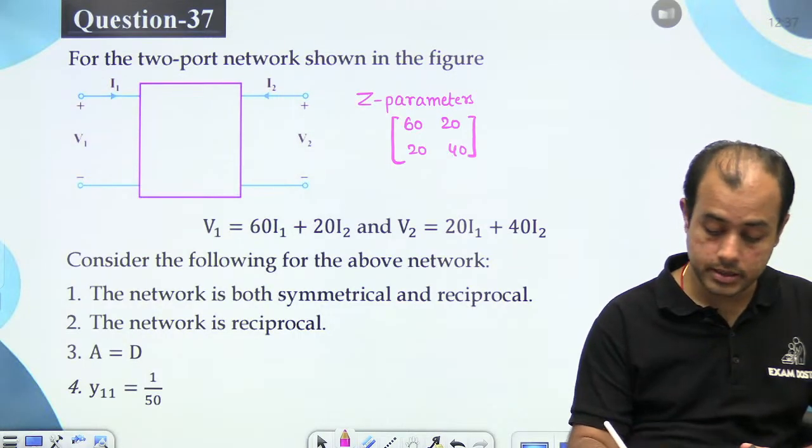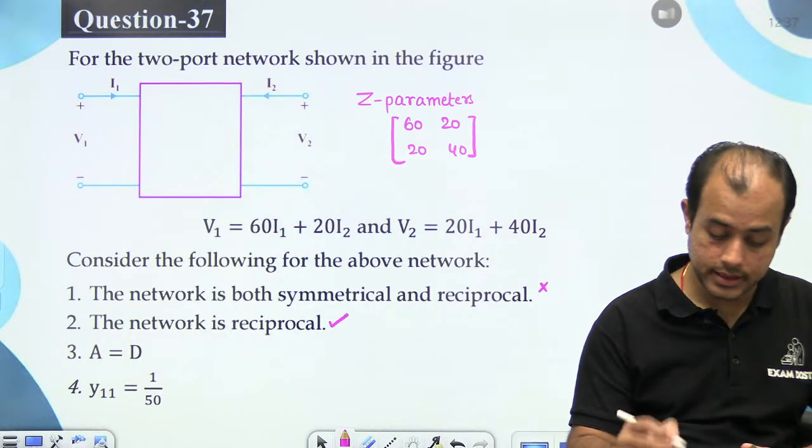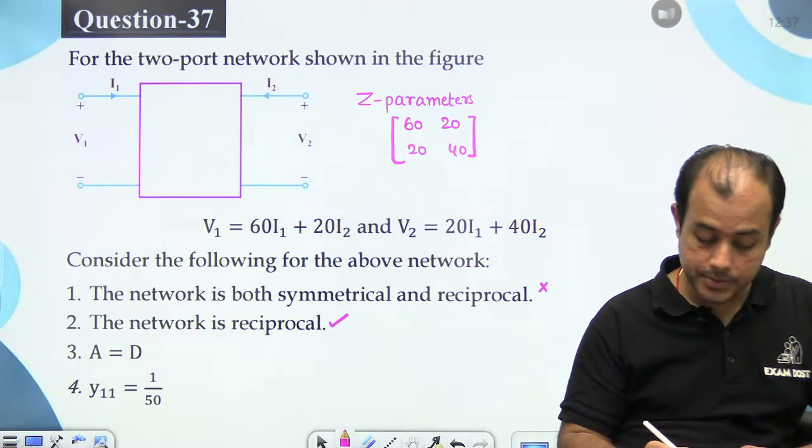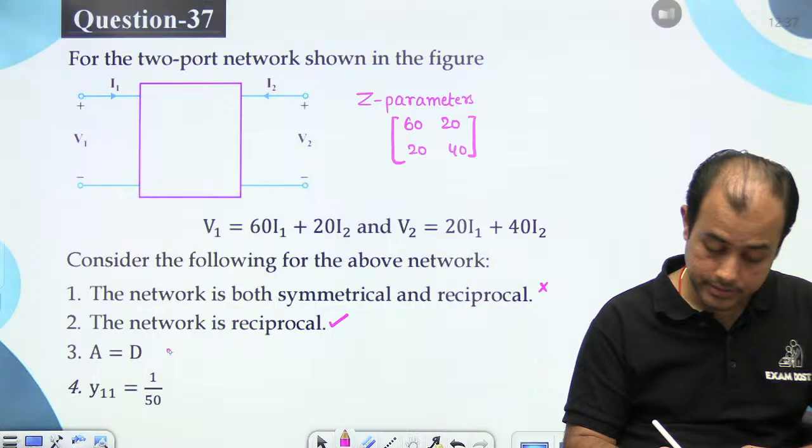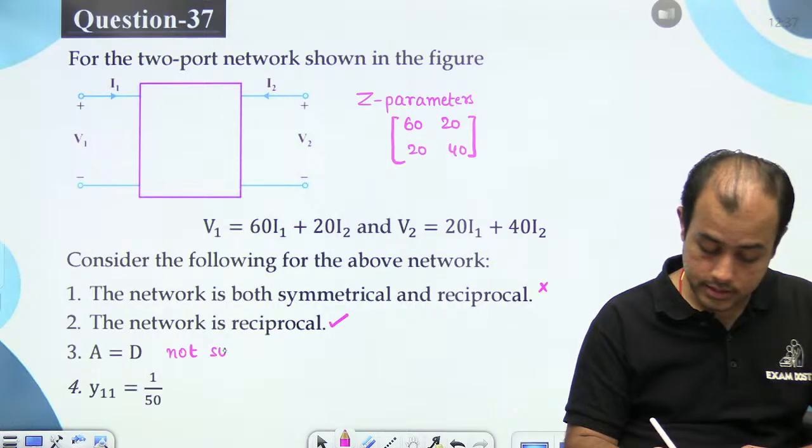So it is not symmetrical but reciprocal. Correct. If it is reciprocal and not symmetric, then 3 is wrong.